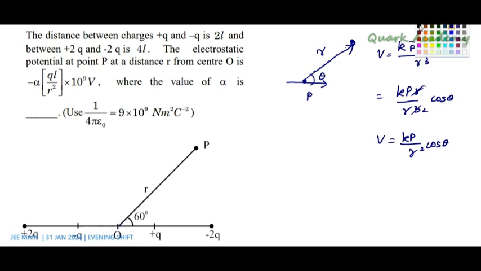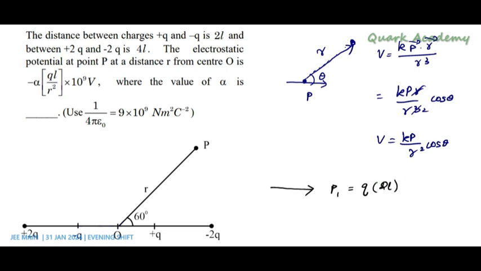So let's figure out the dipole moments due to this charge distribution. First, for negative q and positive q, the dipole moment is from negative to positive charge, so it is in this way. It is P1 and its value is charge times distance between the charges, so Q into 2L.